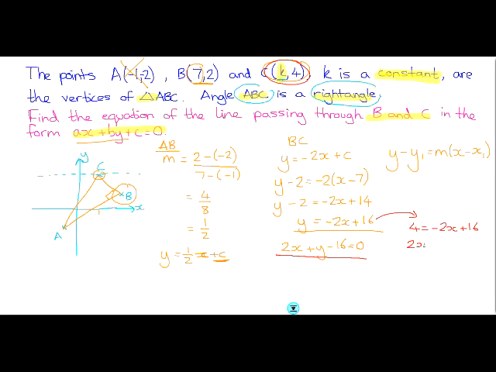And at the same time, I'm going to subtract 4 from both sides, and we get 12. So 2x is 12, so x is clearly 6, which means that k is also 6. So that point we knew was 7, this point we know is 6. So that's probably the hardest style question you're going to get, chapter 5, straight line geometry.